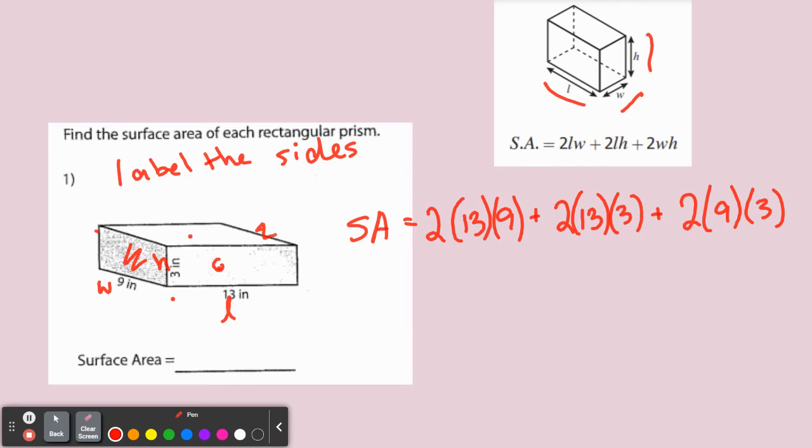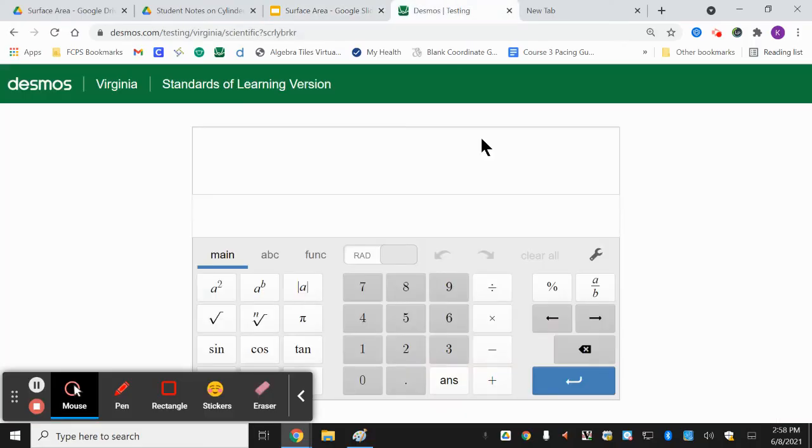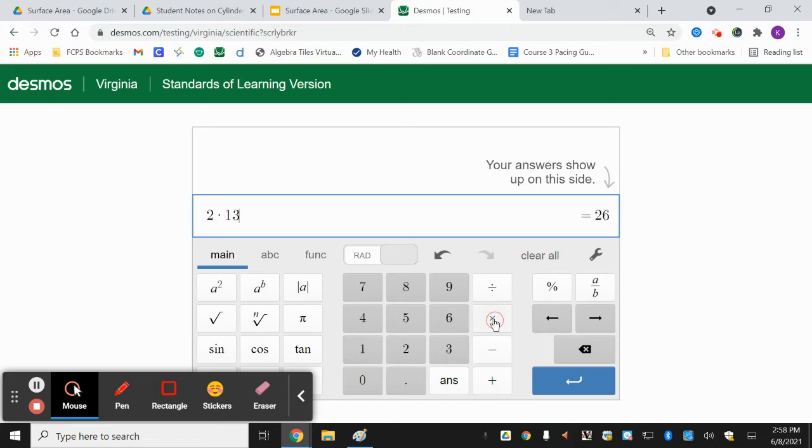So now we just have to calculate that. So we can go ahead and put those values into our calculator. So let's do that. Okay, so 2 times 13 times 9 is 234. Okay, 2 times 13 times 3 is 78.